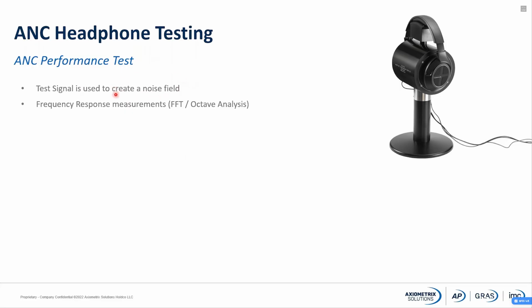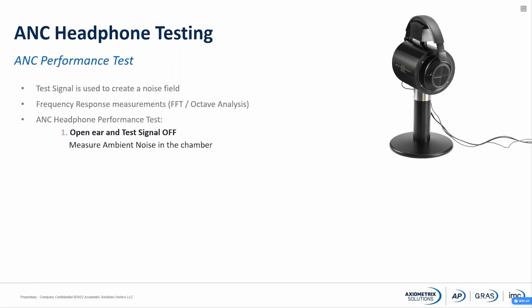So this could be a pink noise signal, for example, if we follow the recommendation of the ISO standard, or it could be a very realistic signal with multiple channels, like simulating the metro noise or something like that. You get the idea. For the measurements, we are typically performing a frequency response measurement using an FFT or octave analysis. It could be 1/3 octave, 1/6 octave analysis, and so on, but basically a frequency response measurement.